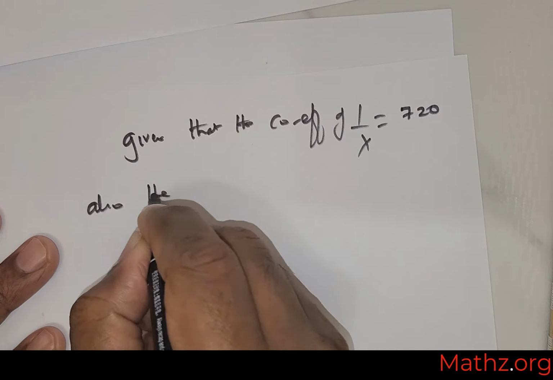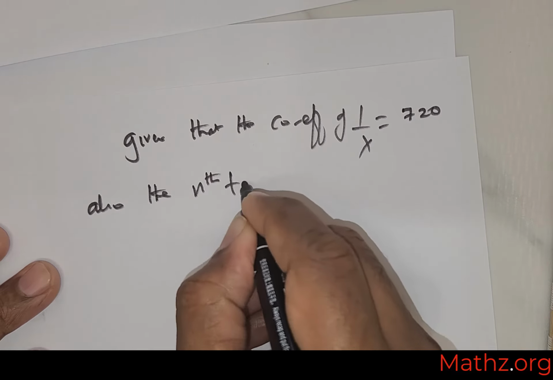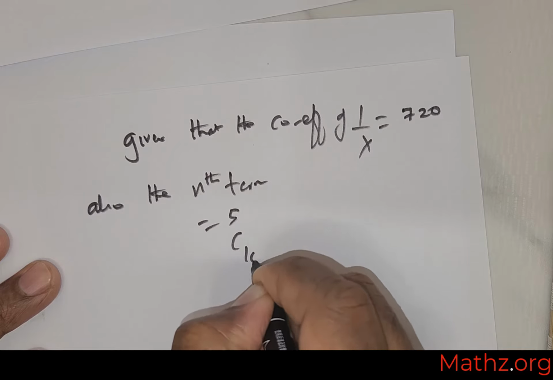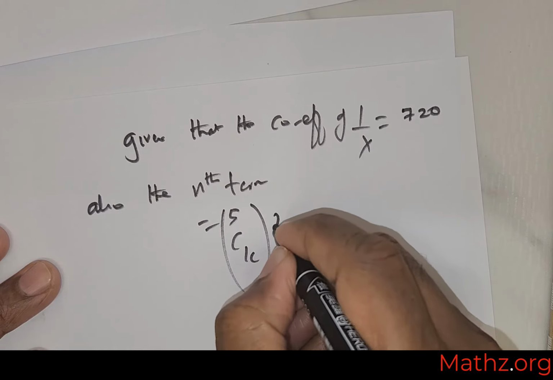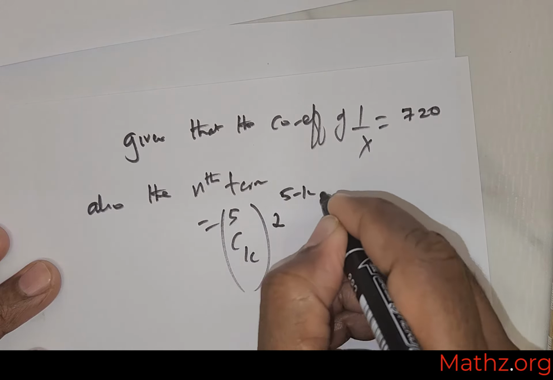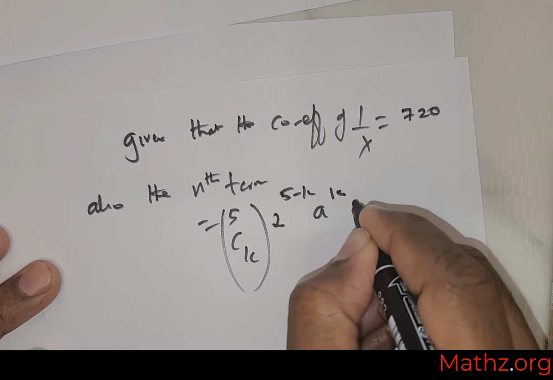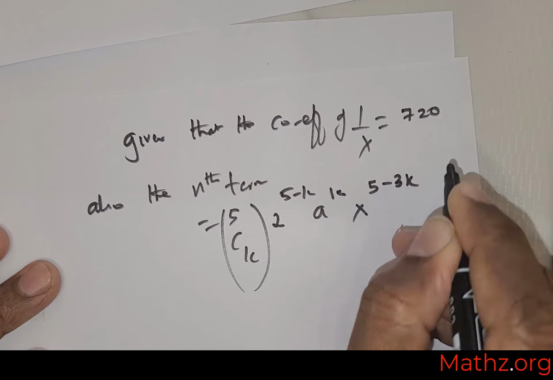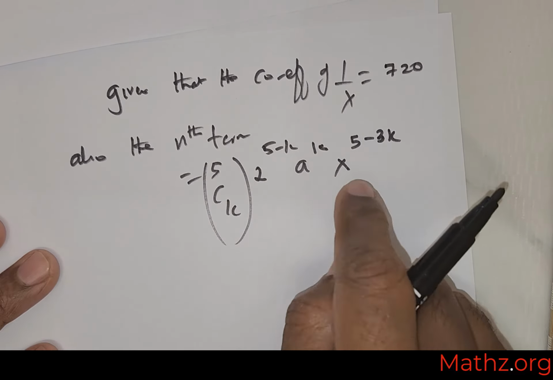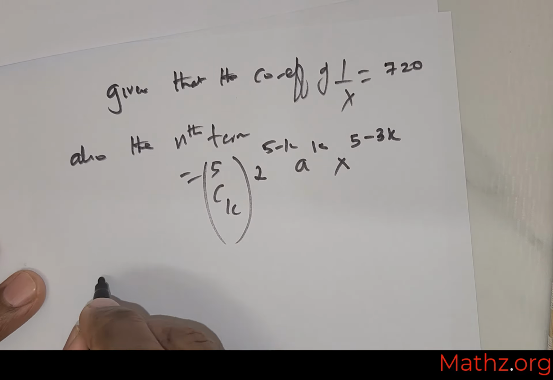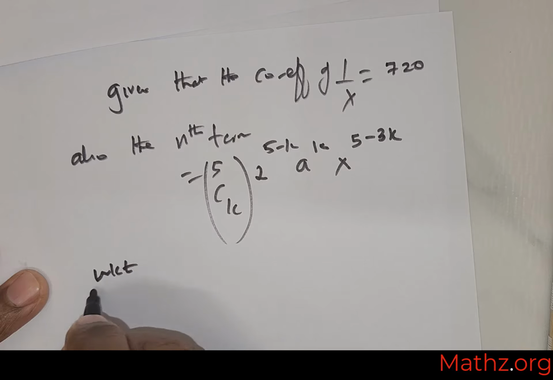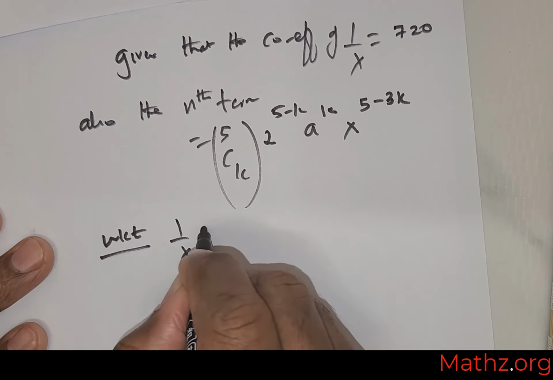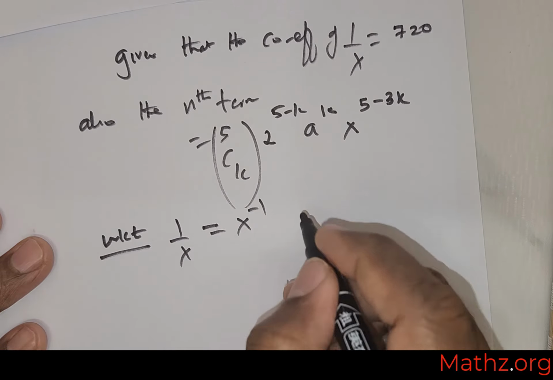Also, the nth term, we have evaluated, is 5Ck times 2^(5-k) times a^k times x^(5-3k). Now 1 over x means, we know that 1 over x is equal to x^(-1).